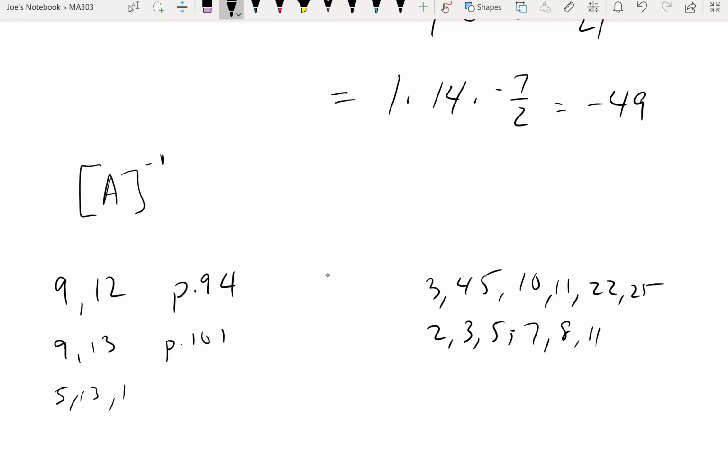5, 13, 16, page 109, 3, 4, 6, 7, 8, 10, 12, 15, 18. This will be due next Wednesday, which is what, the 26th?